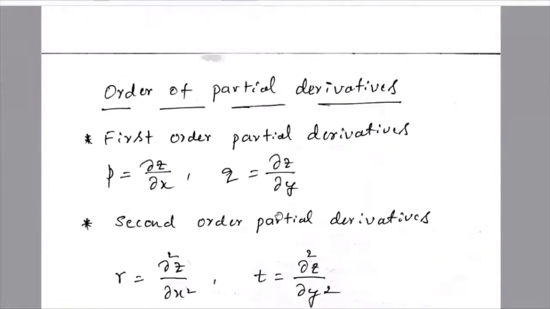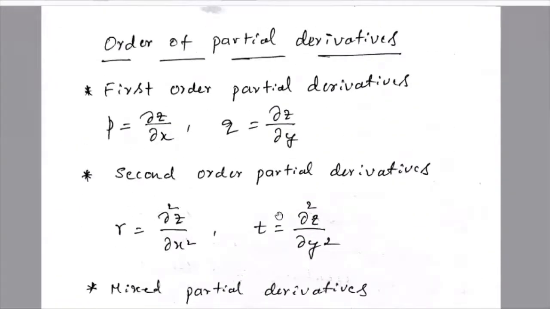So now we'll see what are the orders of the partial derivatives. First order partial derivatives: dou z by dou x is denoted by p, and dou z by dou y is denoted by q. Similarly, second order partial derivatives: dou square z by dou x square is denoted by r, and dou square z by dou y square is denoted by t.